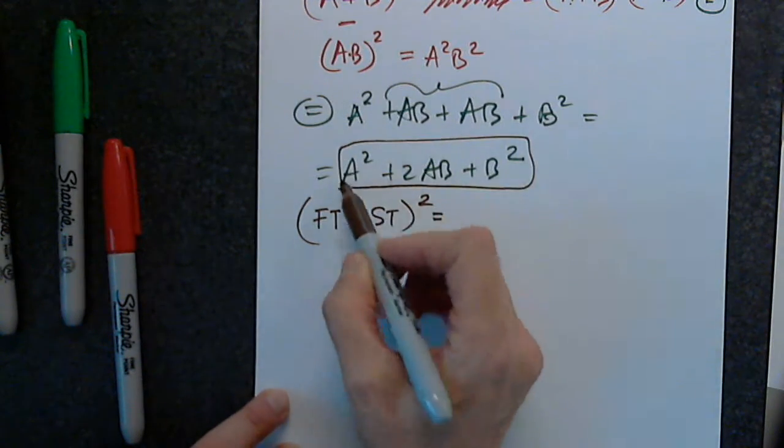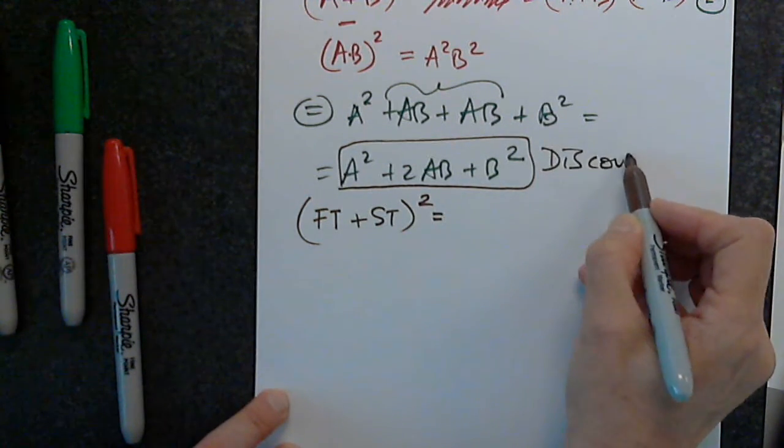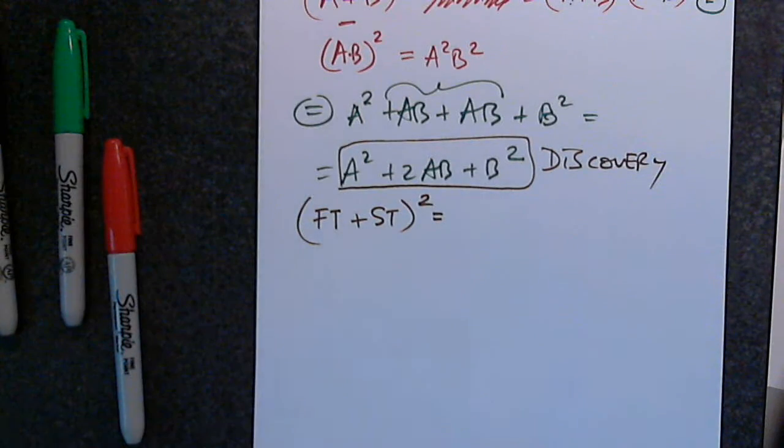This is our discovery. We discovered that a binomial squared is what? How do we call this one?